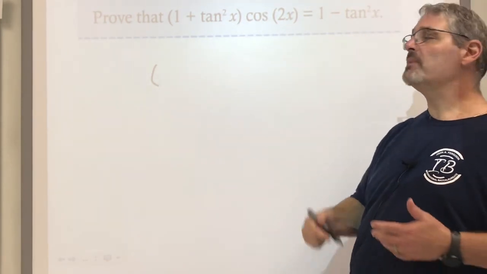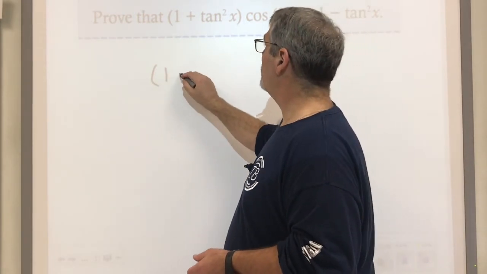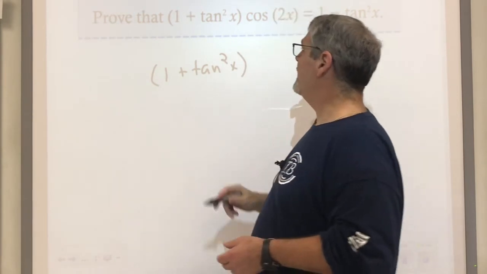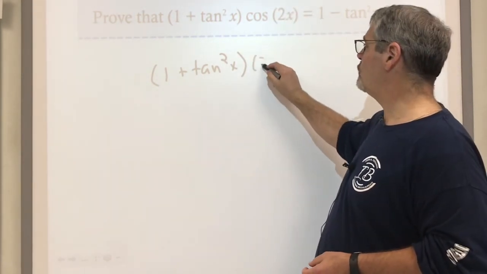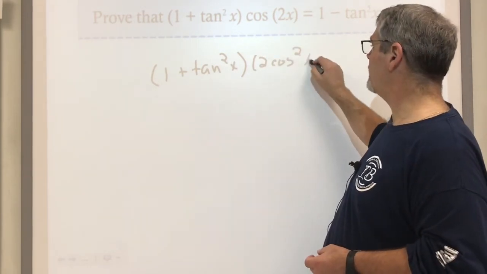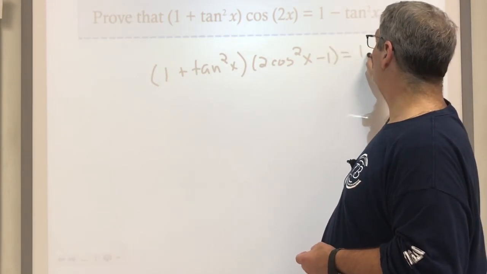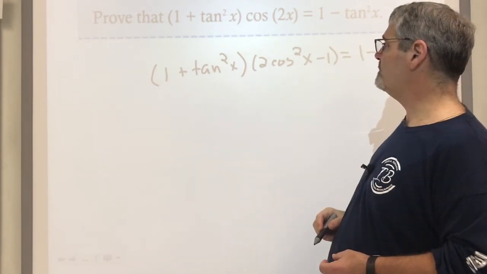So sometimes you're going to require a little bit of trial and error. So I'm going to write 1 plus tangent squared x, and instead of cosine of 2x, I'm going to use 2 cosine squared x minus 1. And this should equal 1 minus tangent squared x.